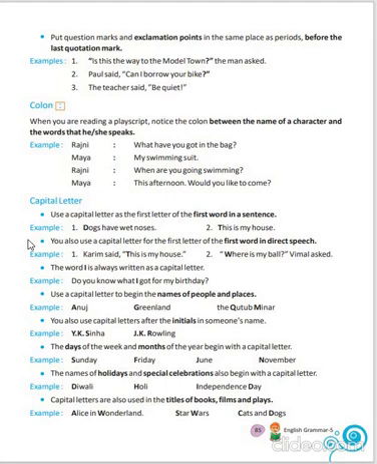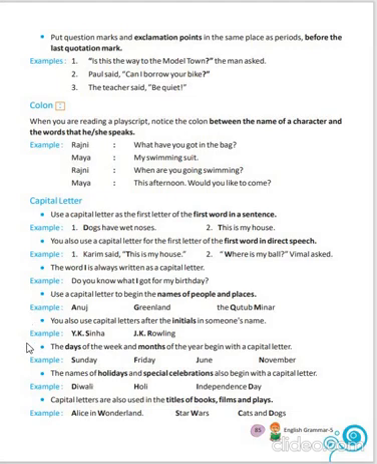The word I is always written in capital letters. Whenever you are writing the name of any people or place, you have to start it with a capital letter. Capital letters are also used after the initials in someone's name.